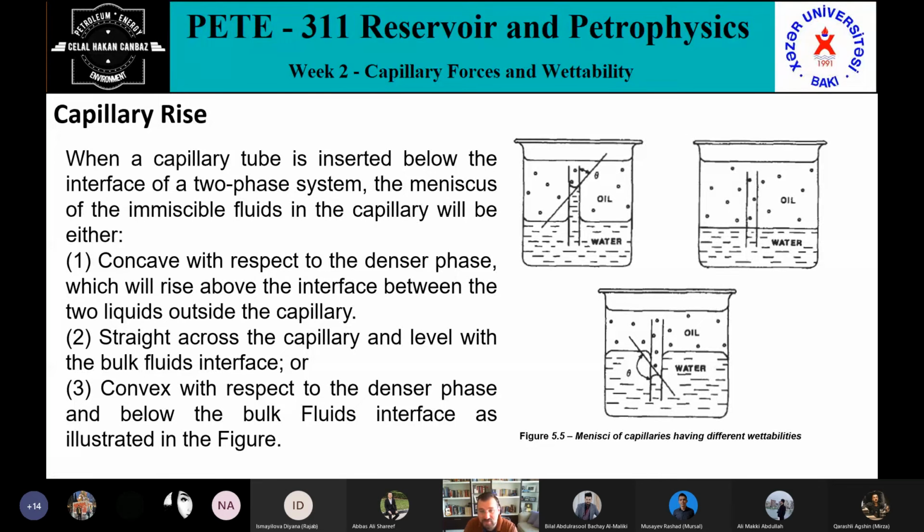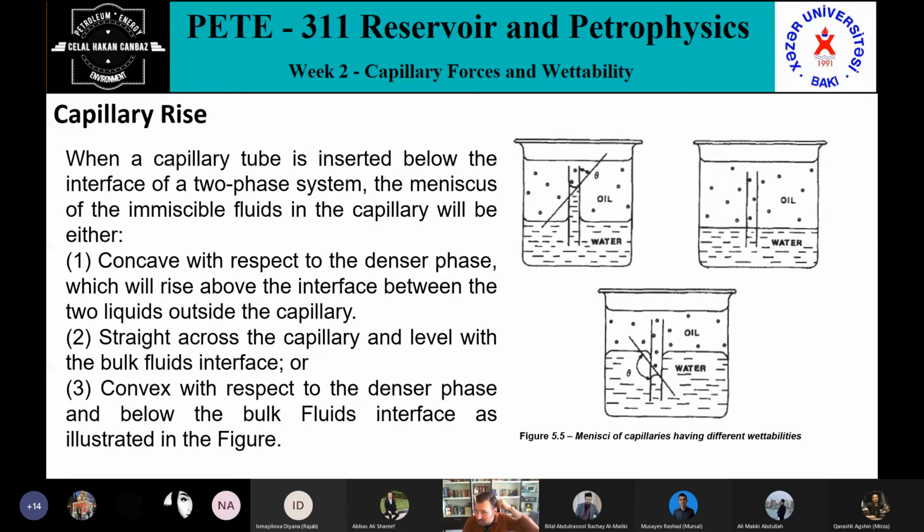According to the capillary pressure differences, the liquid column can be shaped like this, or can be at the same level as the total oil-water interface level, or it can be lower than that, according to the difference.